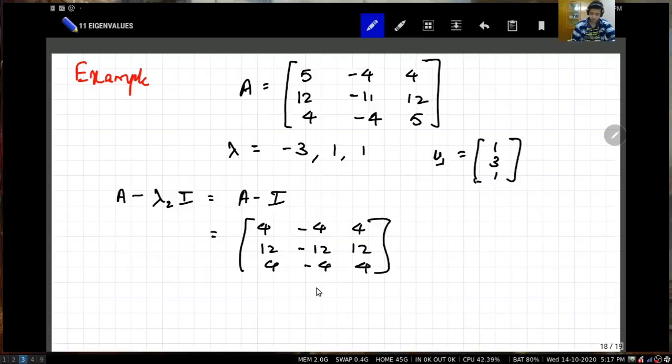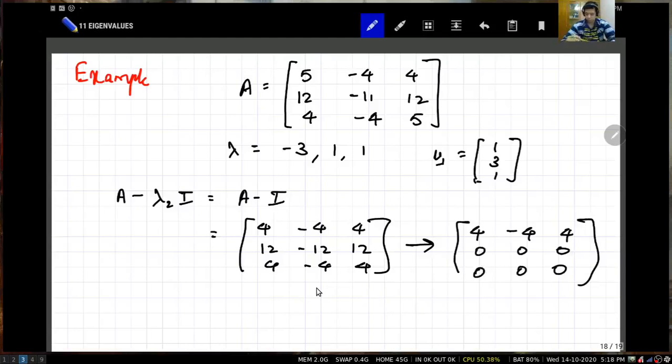If we do row reduction on this, we would get the row echelon form (4, -4, 4). This matrix has rank 1, nullity equal to 2, so the geometric multiplicity is equal to 2, which is also equal to the algebraic multiplicity. So this matrix is diagonalizable.